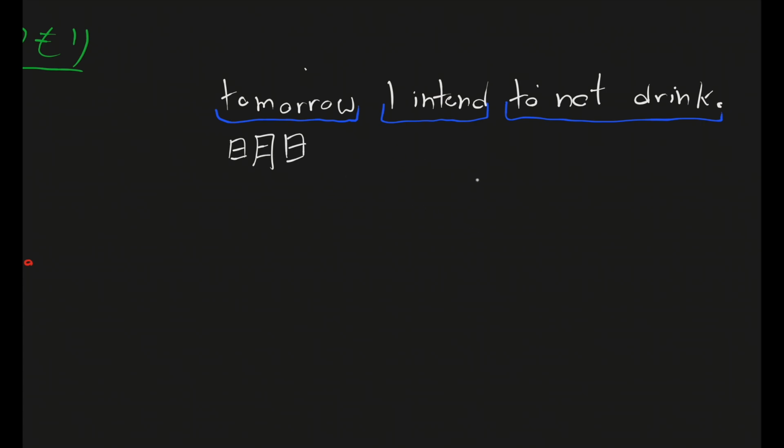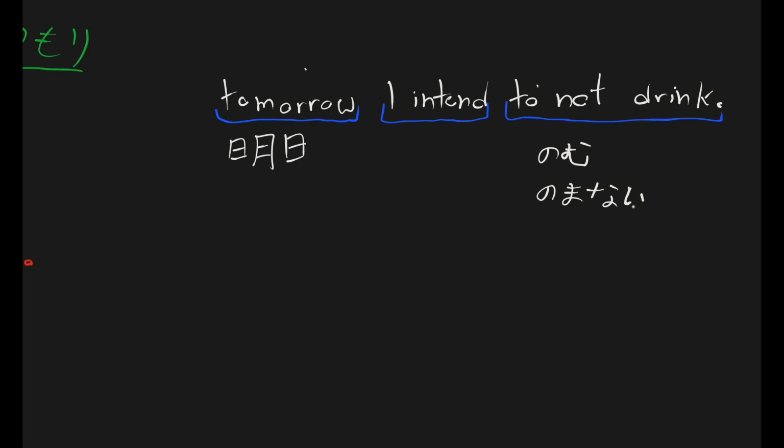I intend to is the ending, and to not drink would be, well, we know to drink is nomu. But we want to say to not drink. So how do we make this a negative? We go nomanai. When you want to change a godan verb, or a u verb, the same thing, to negative, you change the ending to an a ending.